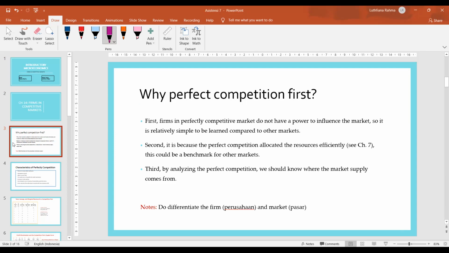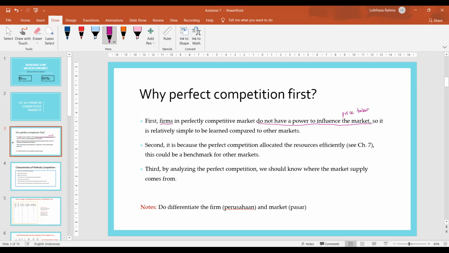Here I would like to highlight some important words that you need to remember. First, the firms do not have power to influence the market, or later we will talk about it as a price taker.